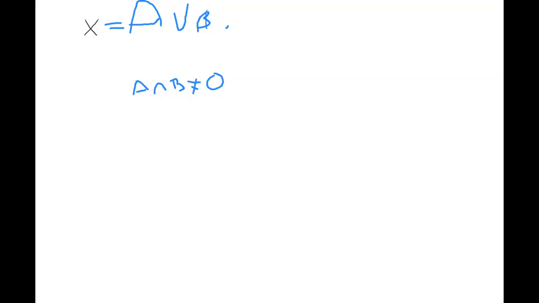So we have two subspaces of X such that their union is X, and their intersection is not empty.